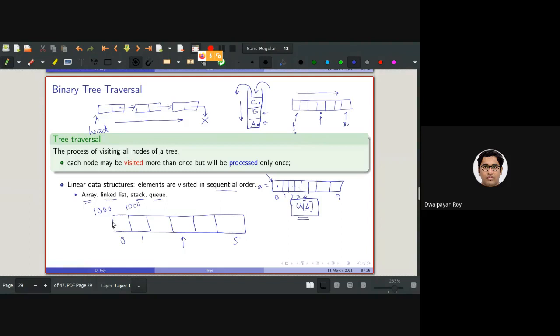So from 1000 to 1003 the first element is stored, from 1004 to 1007 the second element, from 1008 to 1011 the third, and then 1012 to 1015, sorry.